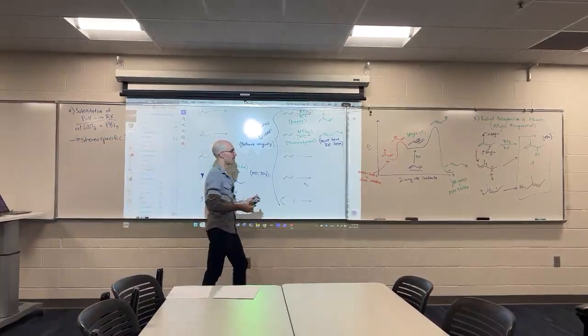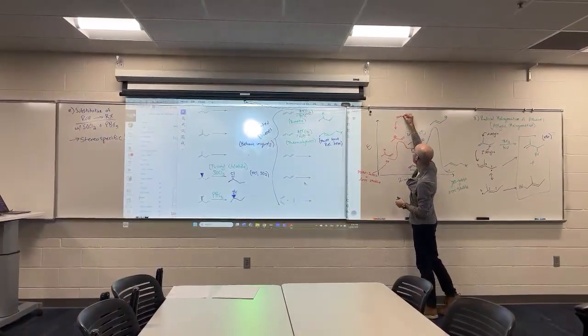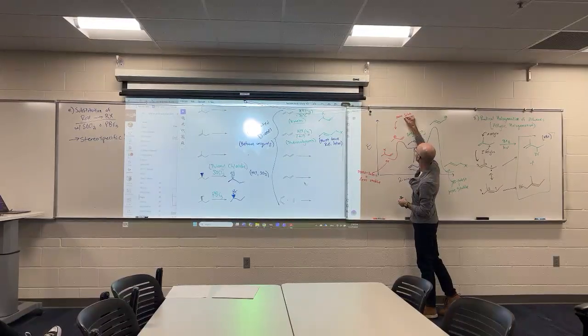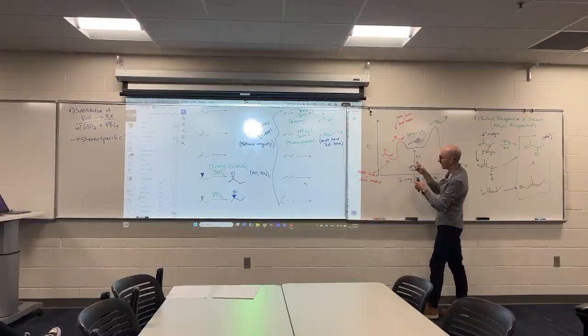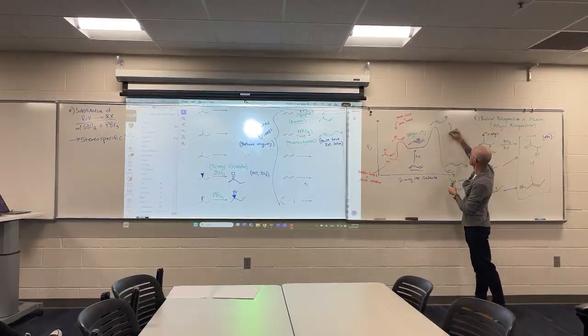So this is a more substituted carbocation, which is more stable. And this is a less substituted carbocation, which is less stable.